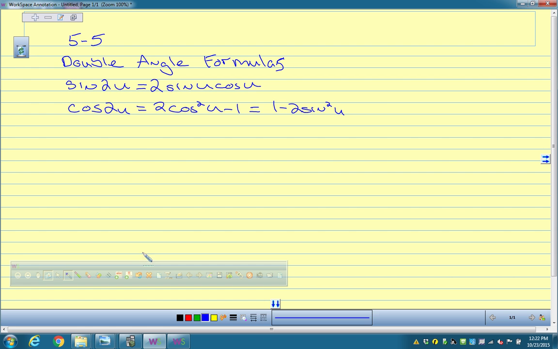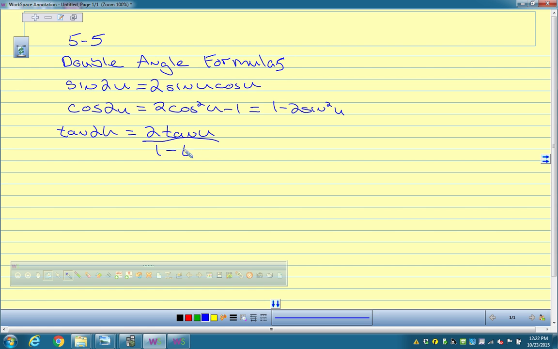My ends kind of look like u's, don't they? Oh well. And then tangent of 2u is equal to 2 tangent of u divided by 1 minus tan squared u.